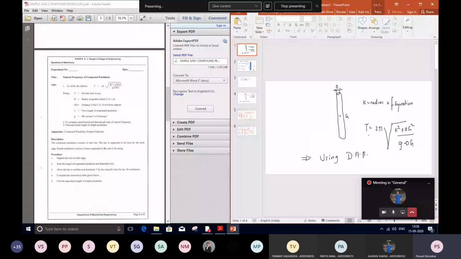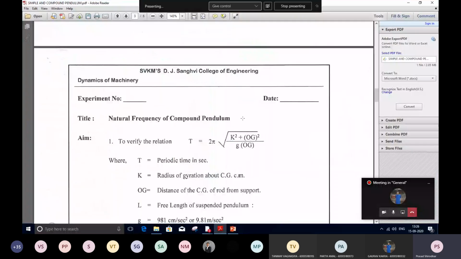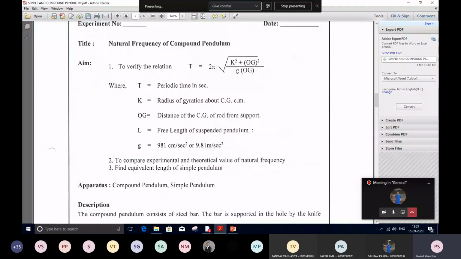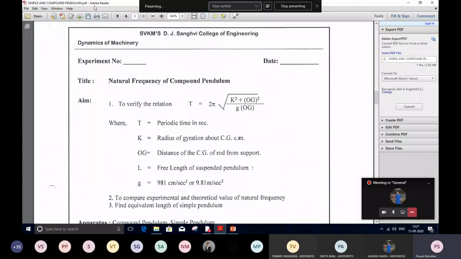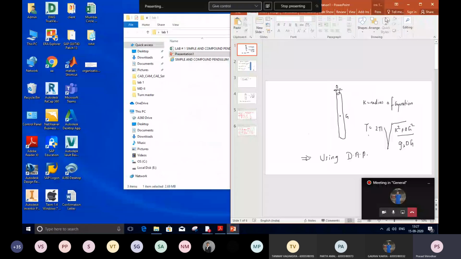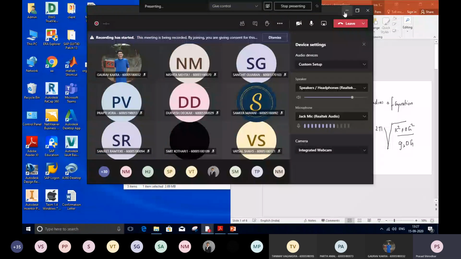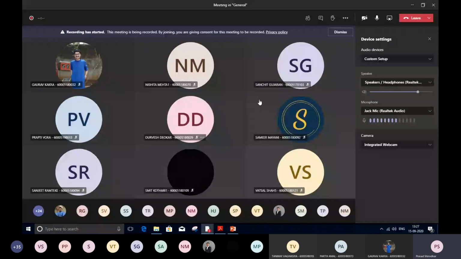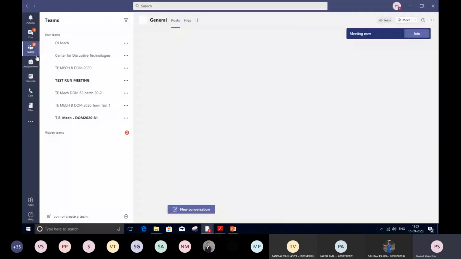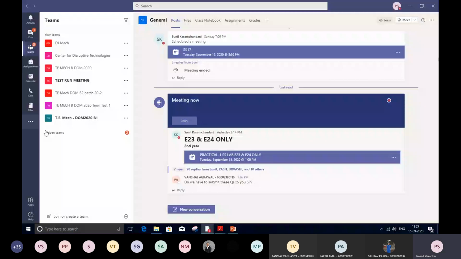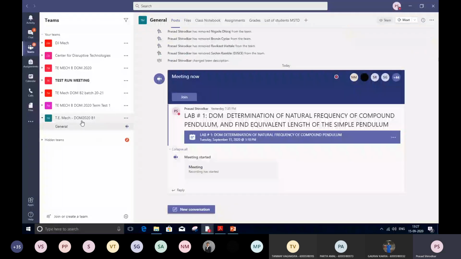So after you derive this relationship, now next step is to verify this relationship. So we are going to verify this relationship experimentally. Alright. So for that we are going to conduct the experiment. Now before conducting the experiment, I want all of you have the assignment. You can see the assignment in your team, for that B1 batch, TMake DOM 2020 B1.